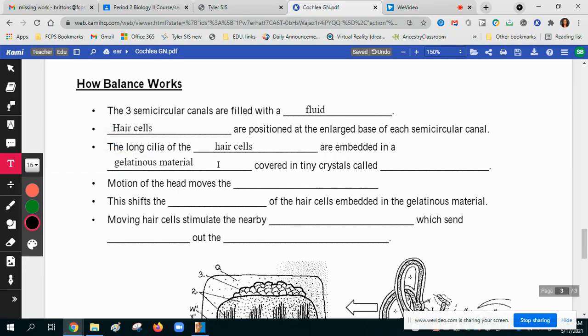So the hair cells are embedded in this gelatinous material, and then on top of the gelatinous material, there's a little grouping of tiny crystals called otoliths. That literally translates into ear rocks. So if you've ever heard someone say you have crystals inside your ear, they were not lying. They're little tiny crystals, and they're situated on top of the Jello mold, and there's hair cells in the Jello mold. Let's look at the image.